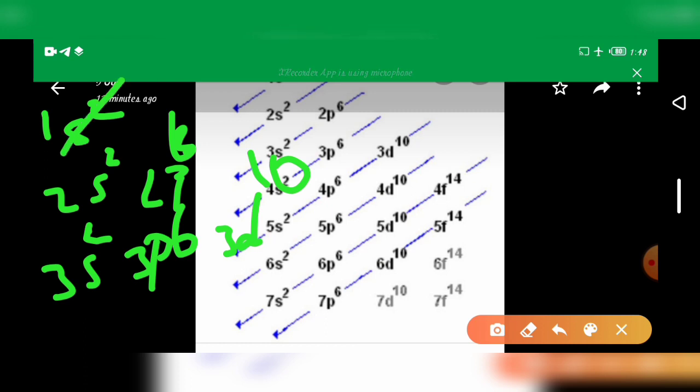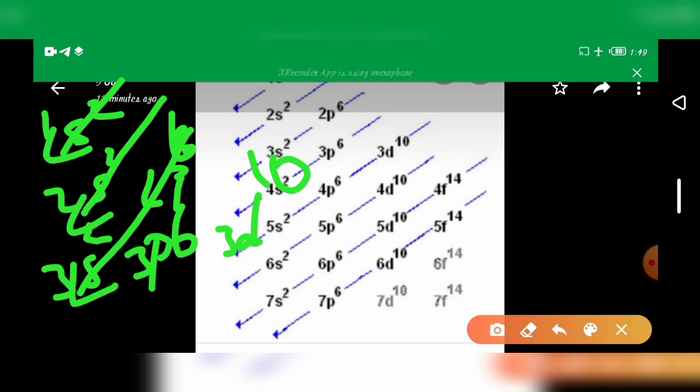First you have to draw a line like this. See here, it will be filled along this line only. First it goes to 1s, second 2s, third 2p, then 3s. Next it goes to 4s, the line comes like this.